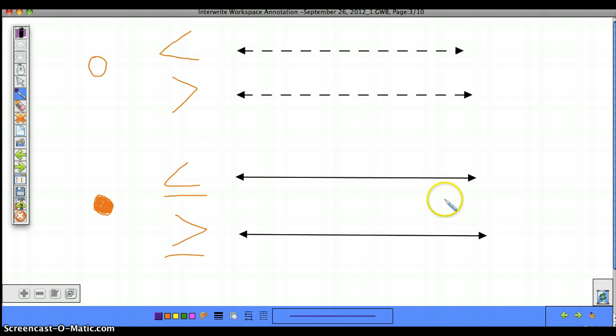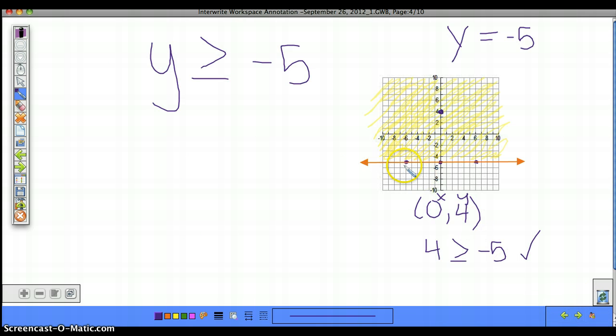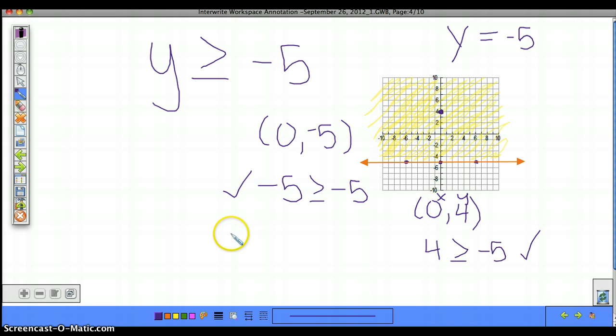On this line, however, we have a solid line. So if I pick this point right here that is on the line, which is (0, -5), it should work. If I plug in -5 for my y, -5 is greater than or equal to -5. So I know this one works.